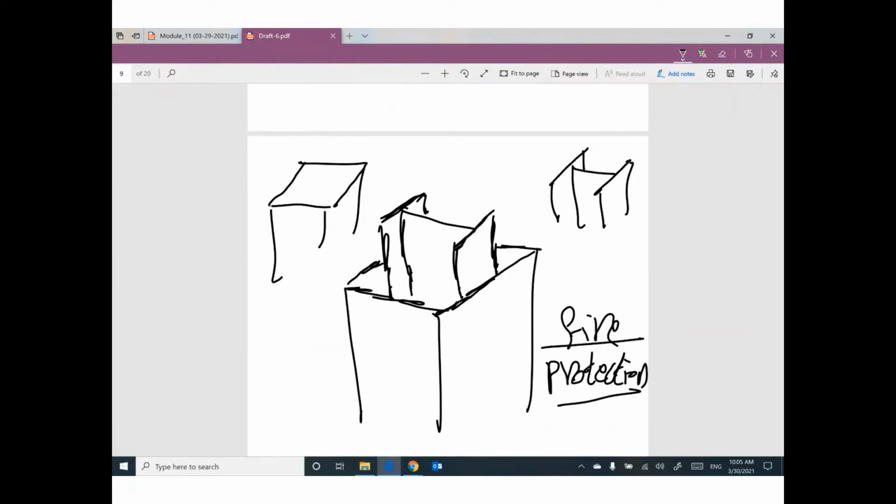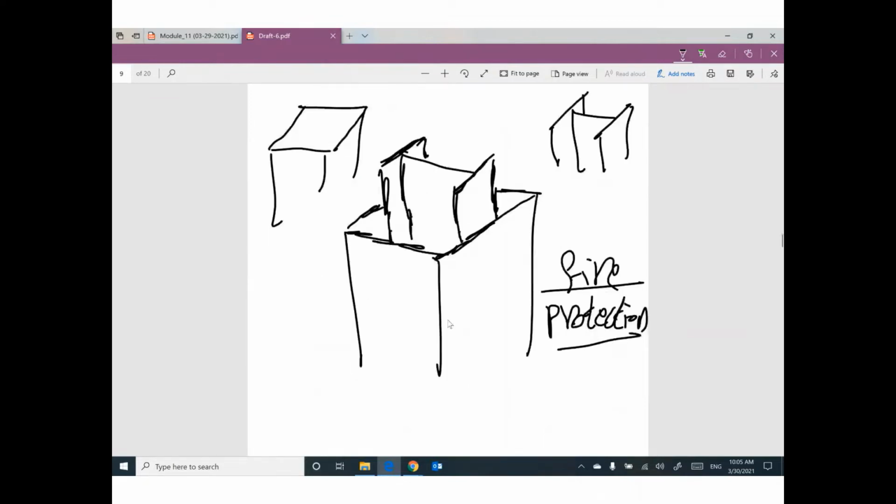Concrete is less. So, for example, probably we can reach failure for steel after 30 minutes. I'm assuming a 30-minute fire. For concrete, no. We can stay for 1 hour, 2 hours, or 3 hours.